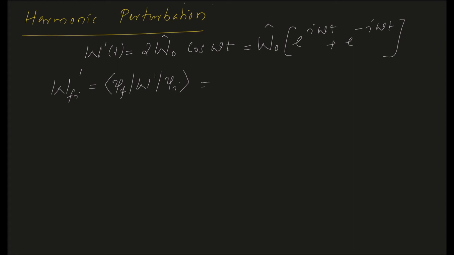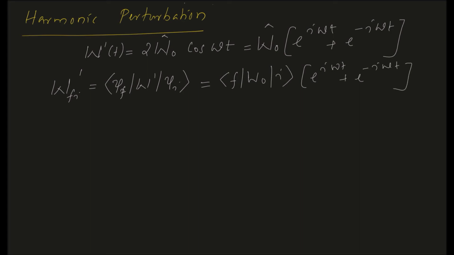For simplicity, instead of ψ_f you can simply write f, the final state. Then instead of W' we have W0, then the initial state i, then we have e raised to i omega t plus e raised to minus i omega t.